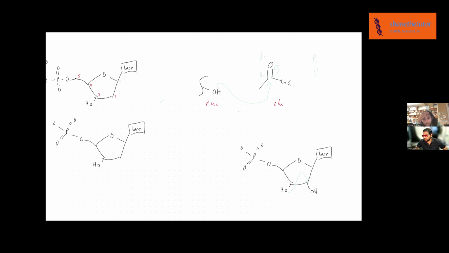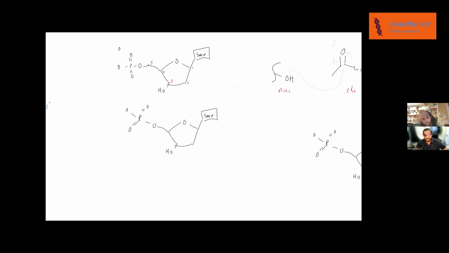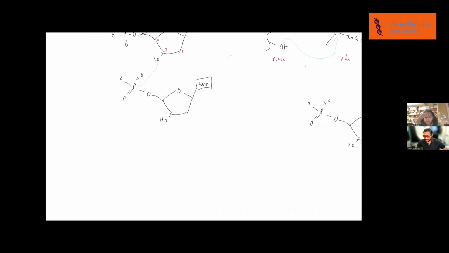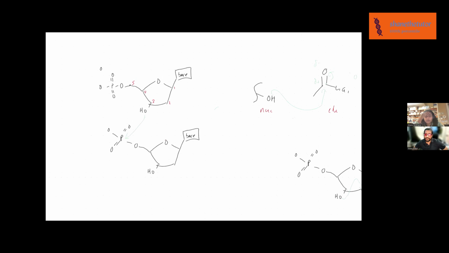It's a phosphate that's having its electrons pulled by the oxygens, making it a good electrophile. So when DNA replication happens, the hydroxyl group acts as a nucleophile to attack this, and it can then kick something off. That's how you're going to have your two nucleotides attached to one another.